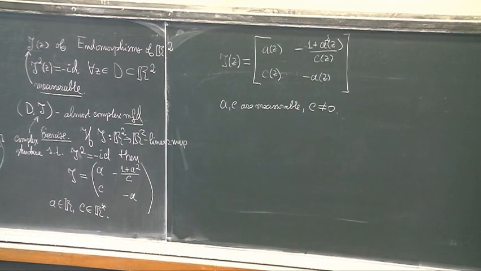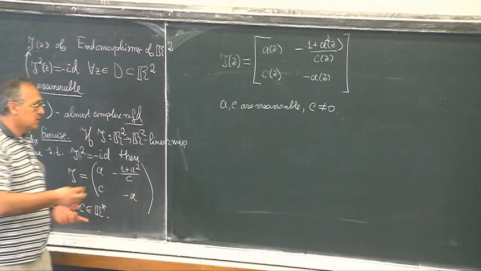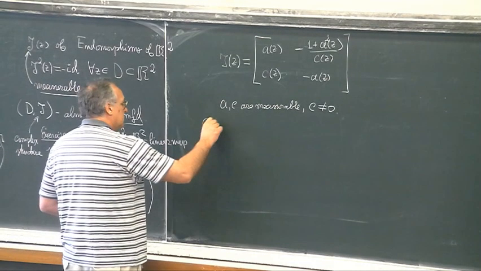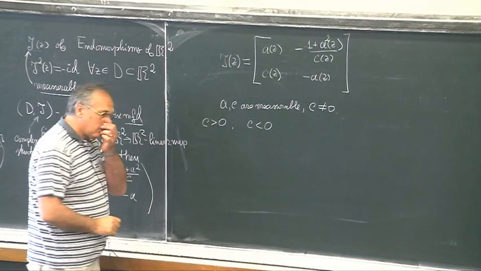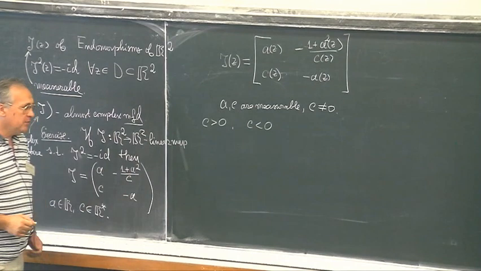Now you see that almost complex structures are divided naturally into two classes. First, where c is positive, and second, where c is negative. So what does that mean?